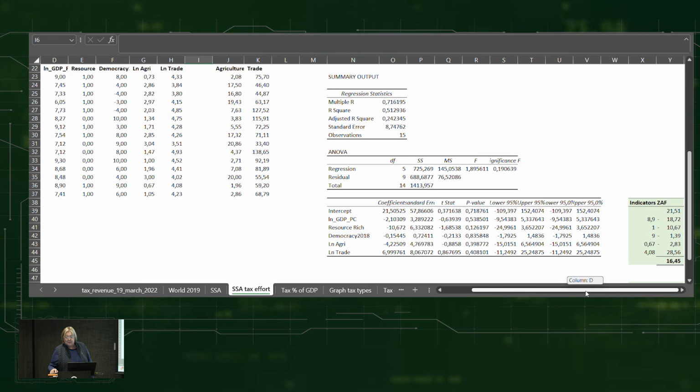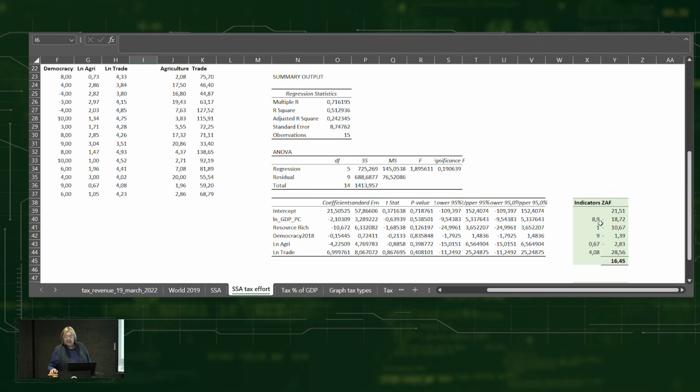So how do you use this? What you just do is you go to the indicators. You remember I told you there's indexes of whether you're resource rich or what your GDP per capita is in log form. So that is log GDP per capita. And this is resource rich, and this is whether you've got a democracy or not in 2018.